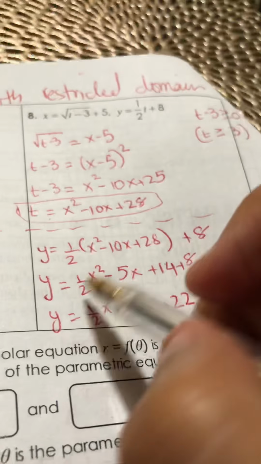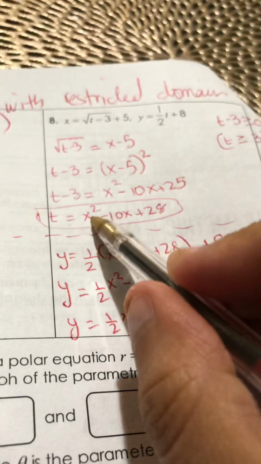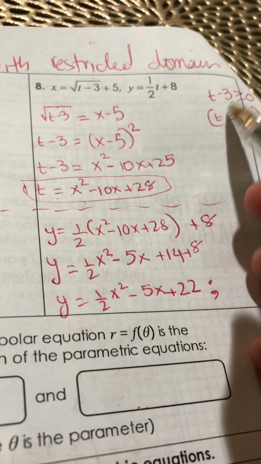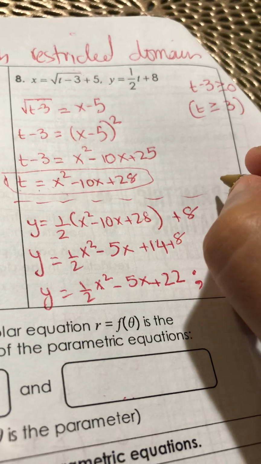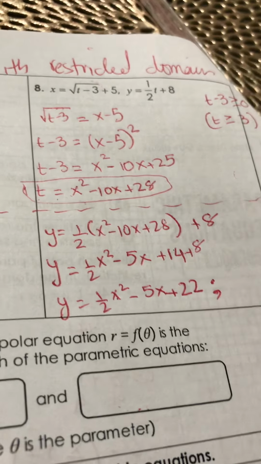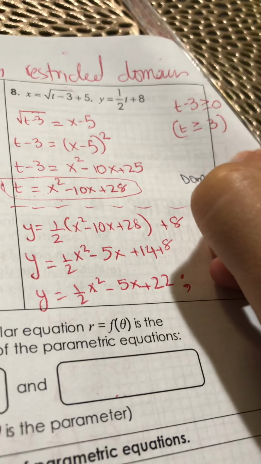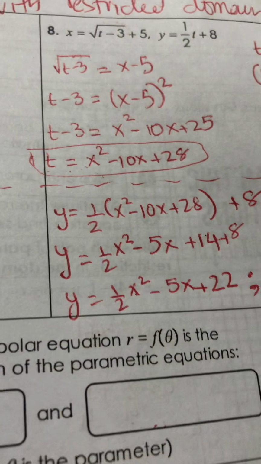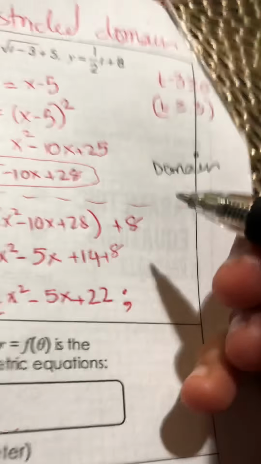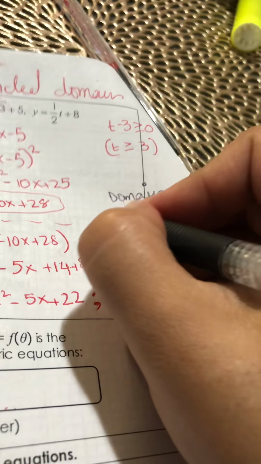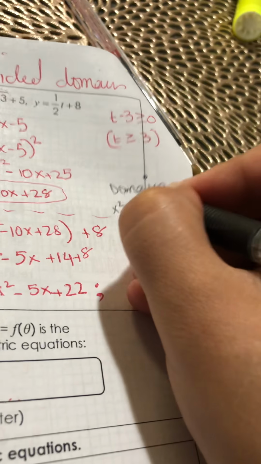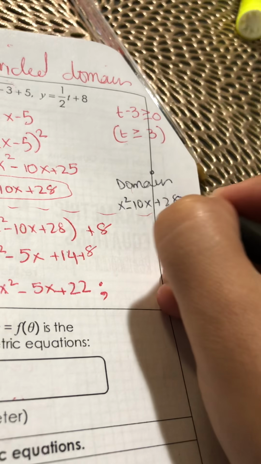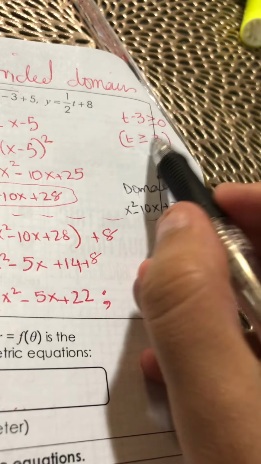The restriction: we know y depends on x and x depends on t, and we know that t has to be greater than or equal to 3. So to find the domain, we know that x squared minus 10x plus 28 should be greater than or equal to 3 because t is greater than or equal to 3.